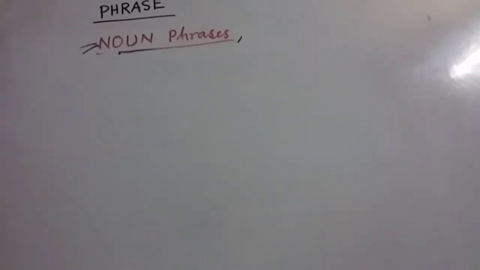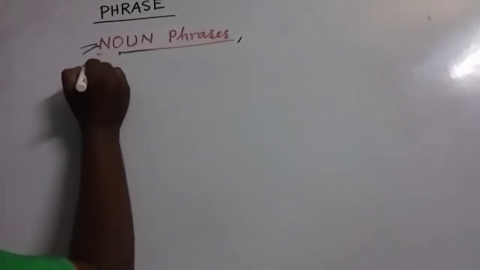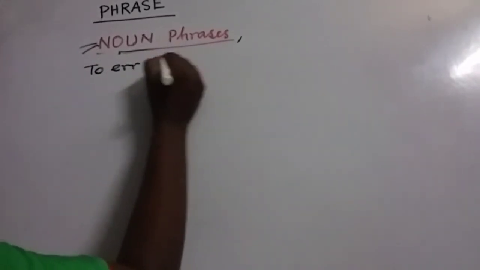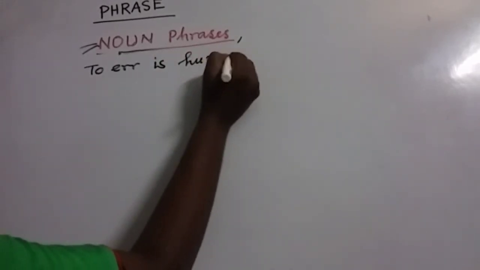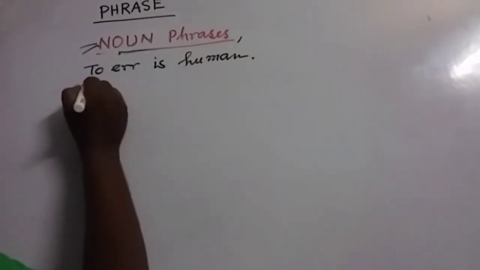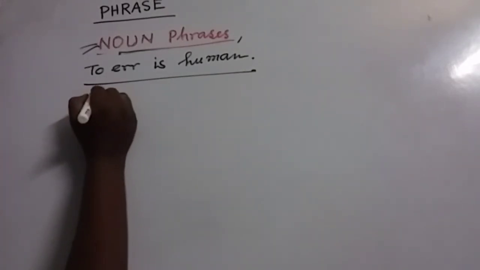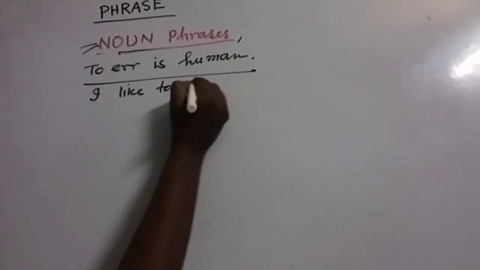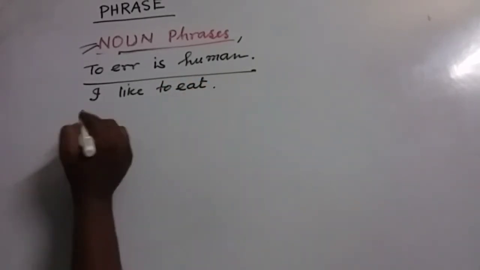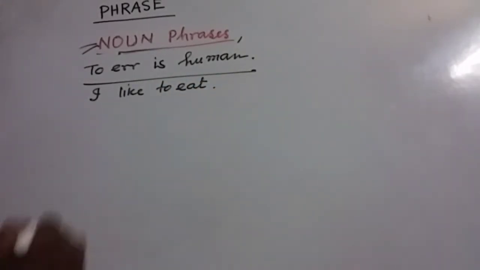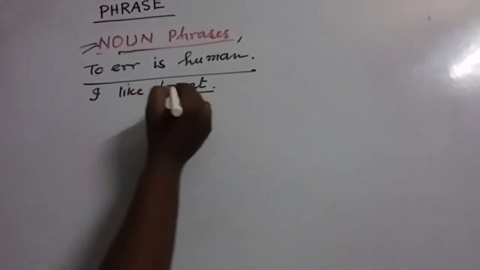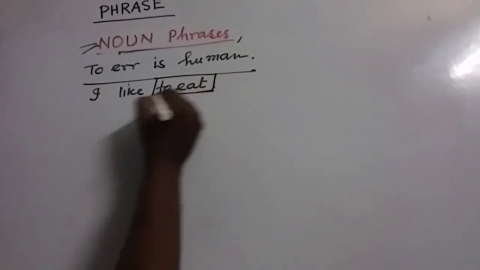My dear friends, by using an infinitive we can form a noun phrase. You have seen this type of words, to or is human. You have seen this type of sentence, I like to eat, maybe mangoes or maybe something else. Here this is the object of this sentence and it's an infinitive.